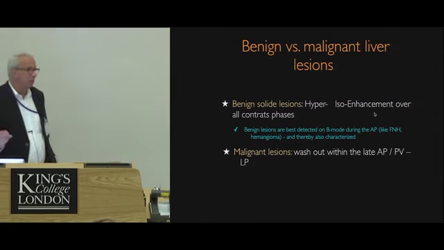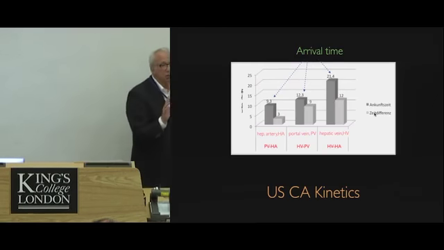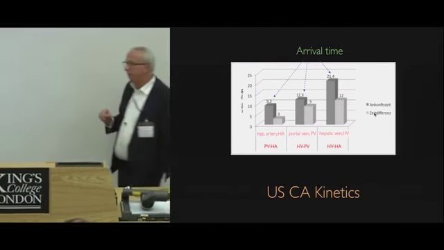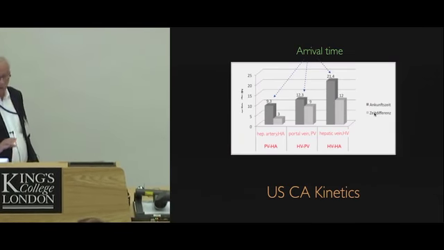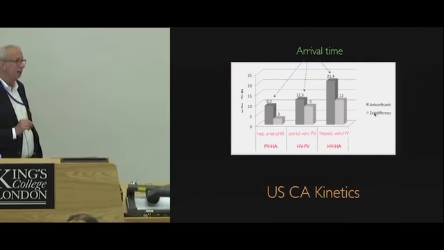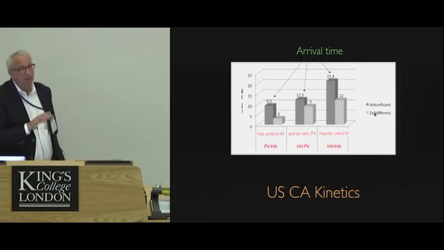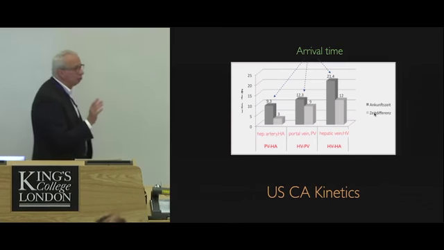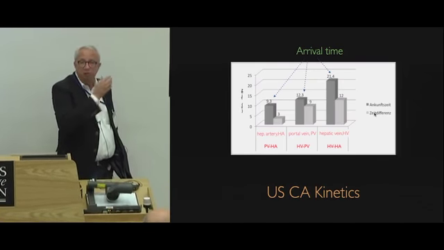Okay, so it is important also to look at the time that is needed for contrast to arrive in the liver. In healthy subjects, and we looked at that, the average time for arrival of contrast in the hepatic artery is about 9 to 10 seconds. The time interval before the contrast enters the portal venous system is about 3 seconds.